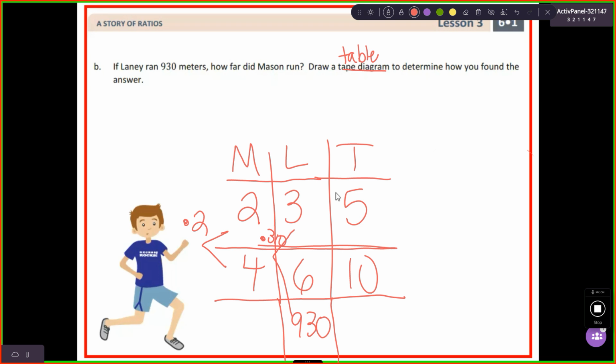So now what am I going to multiply 310 by? 2. 2 times 310 is 620. Y'all put it in the calculator to double check. You're probably right, but I want to see those calculators. Okay, good job.